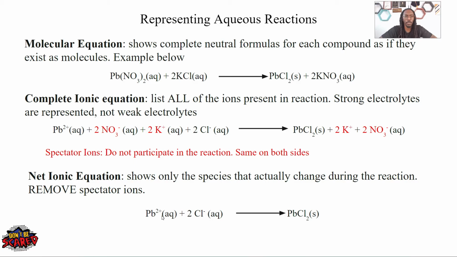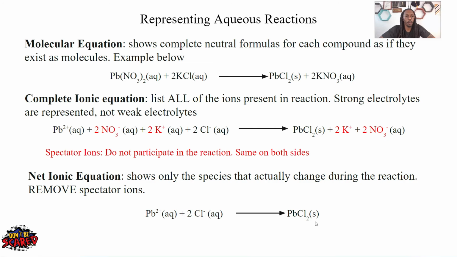So I got Pb2+ aqueous, plus 2 chlorines, we're still keeping that the same, gives me my lead chloride, which you see here. The only thing that's different from this net ionic equation is there's no spectator ions here. That's because these are the ions that are actually participating in the reaction. These are the things that are changing. It's going from aqueous ions to a solid here.